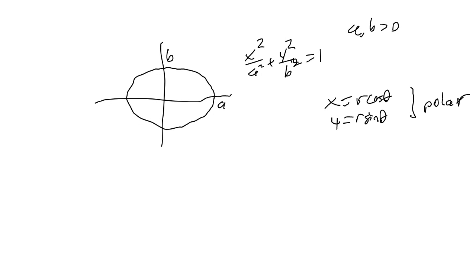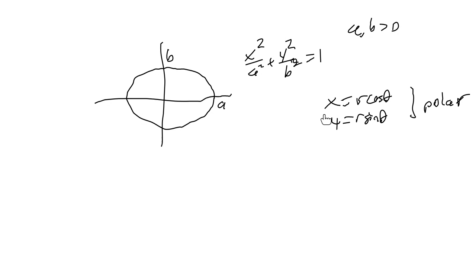Now in this case, that's not very convenient because we don't know where 1 is. If we take x and y like this, I'm going to go over some kind of circle, but I don't want to go over the circle, I want to go over the ellipse. So the trick here is to change polar coordinates a little bit, so that instead of polar coordinates, we use ellipsoid coordinates.